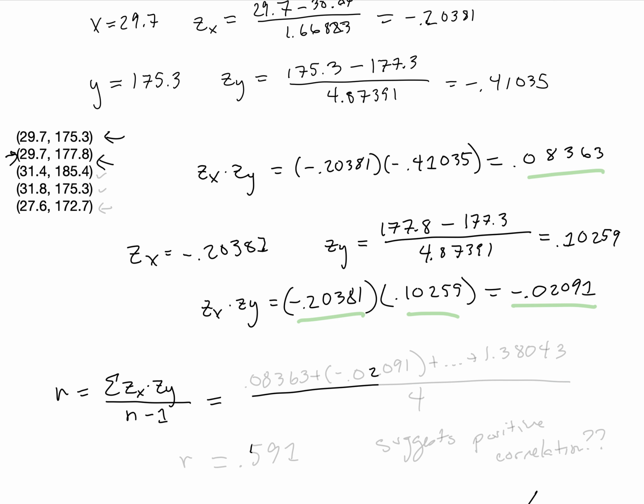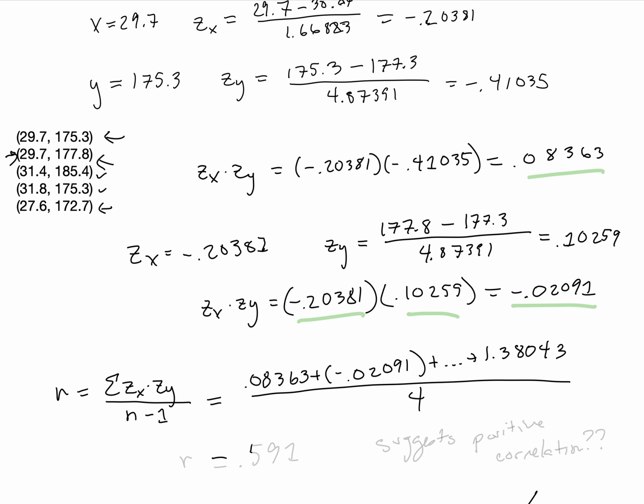So in this case, that would be our first zx times zy was 0.08363, plus the next one was a negative 0.02091, plus ... The last value, if you calculate it out, will be 1.38043. So we're missing the values for those two pairs in the middle. Divided by 5 minus 1 is 4.